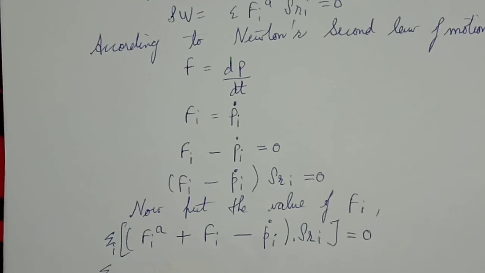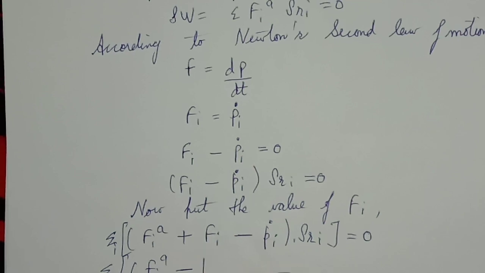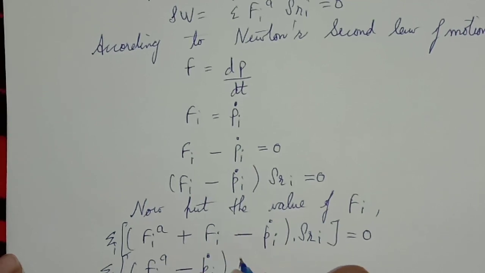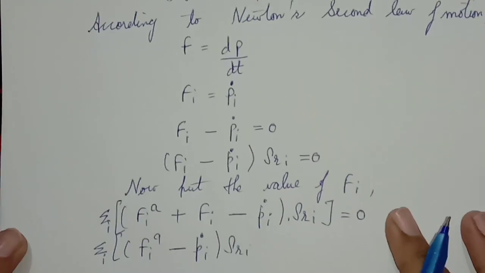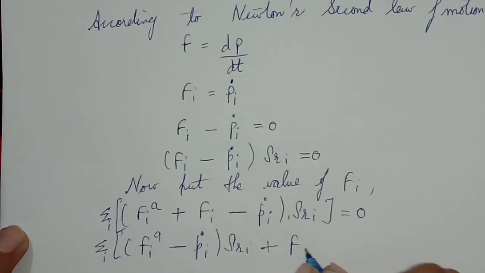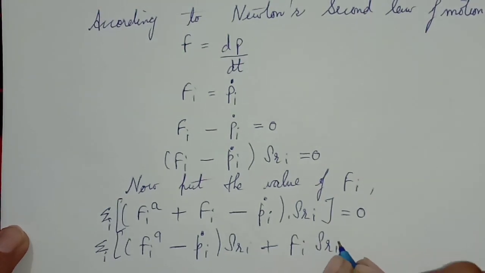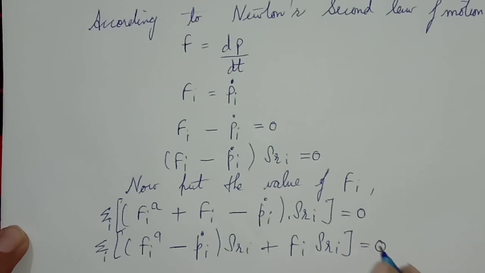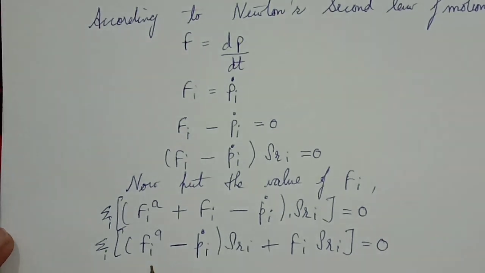So open it: summation i Fia minus Pi dot delta Ri plus Fi dot delta Ri equals 0. This is our difference of applied force and momentum, which is the change in momentum, and this is our constraint force.